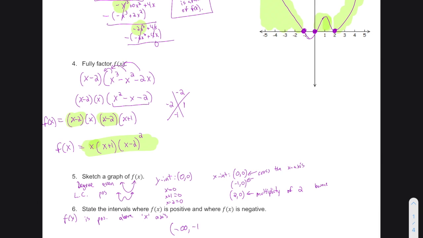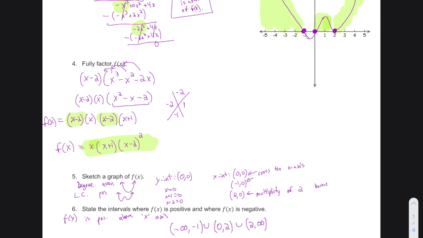Okay, and we're not going to include -1 because at -1 the function is 0, and 0 is neither positive nor negative. Then we're negative for a bit, and then we come back and we become positive again at 0, and then we stay positive until we get to 2. Okay. And then we are also positive from 2 to infinity. Okay. So technically we're not positive at that point 2 comma 0 because it is an output of 0.